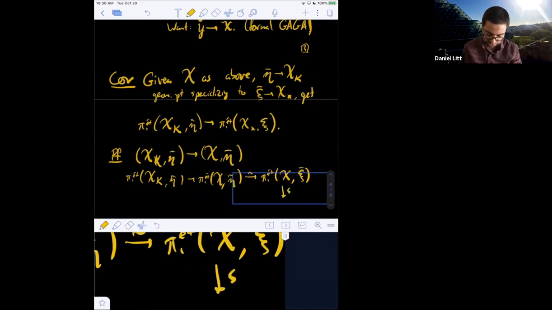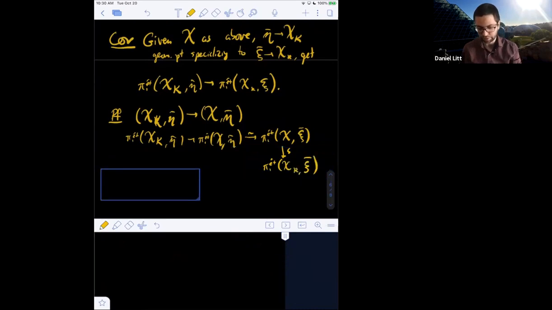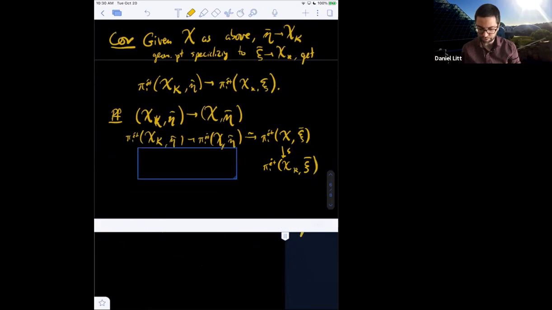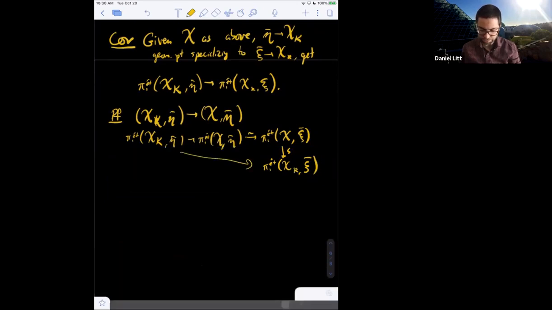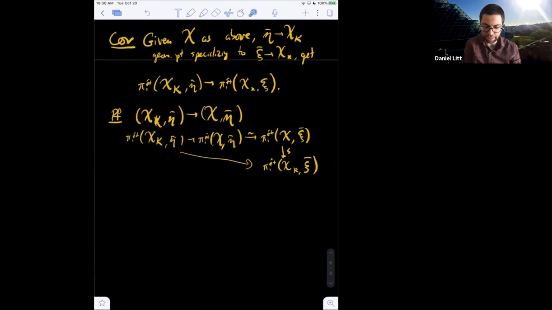And we just showed this is actually isomorphic to pi1 étale of X little k at C bar. So this composition comes from just including the generic fiber of our family X into X, and then using that the pi1 of X is the same as pi1 of the special fiber.